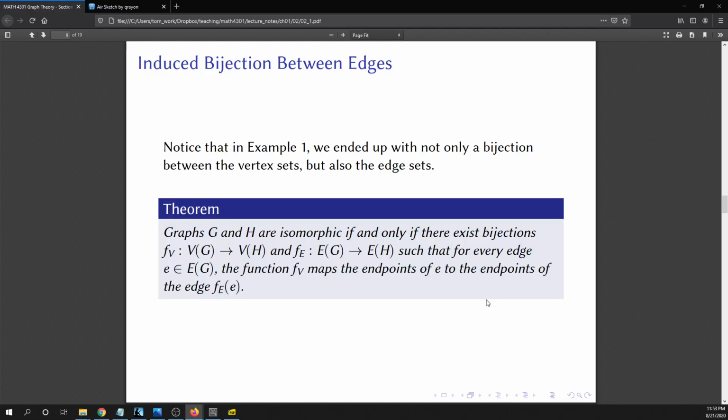All right, let's take a look at example 2. Or actually, before we go into example 2, this theorem here is kind of the theorem behind the scenes that we are using here. In particular, in example 1, we ended up with not only a bijection between the vertex sets, but also the edge sets.